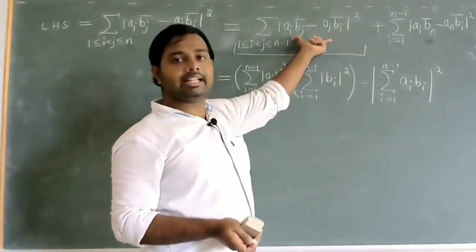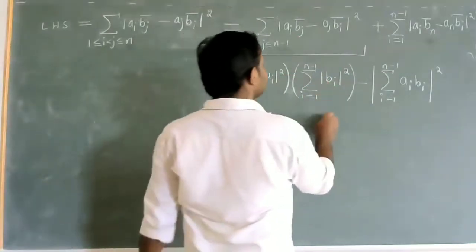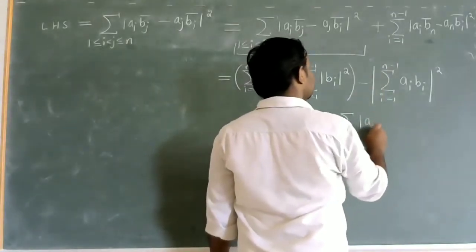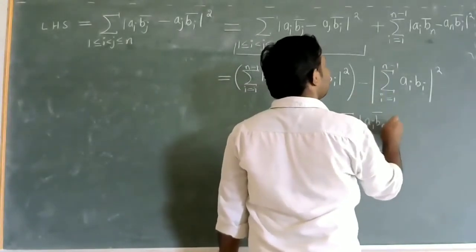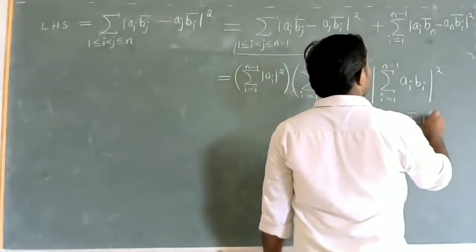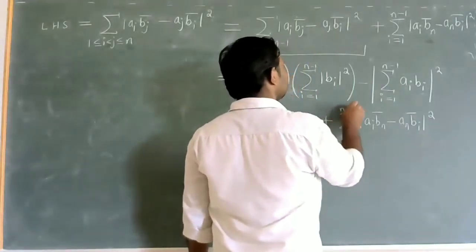So this was the LHS and this was the RHS, so this was equal to this one. So plus this term as it is, plus summation modulus of ai bn bar minus an bi bar whole square, i running from 1 to n minus 1.